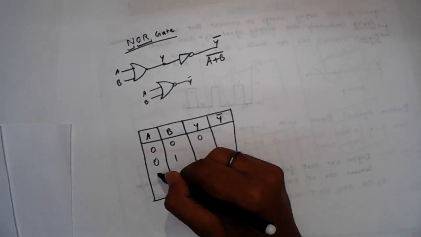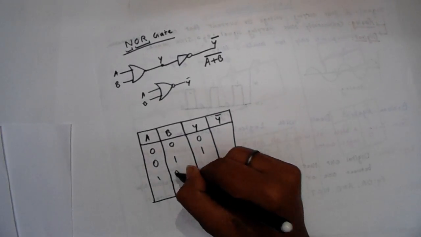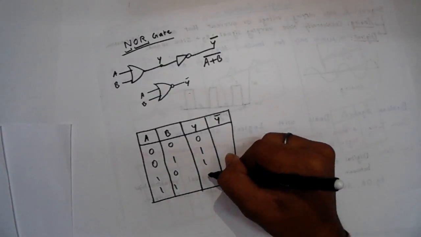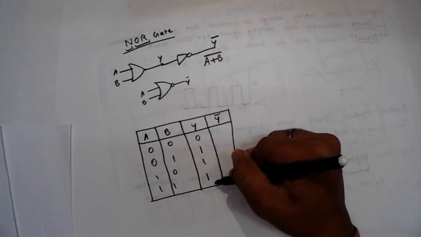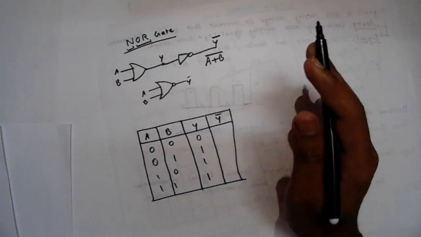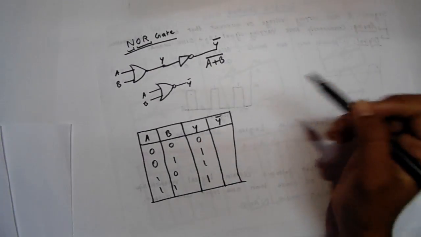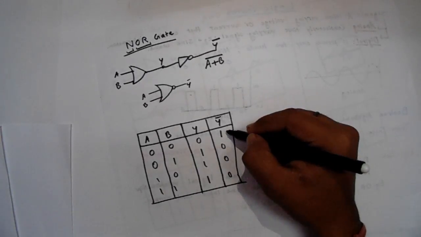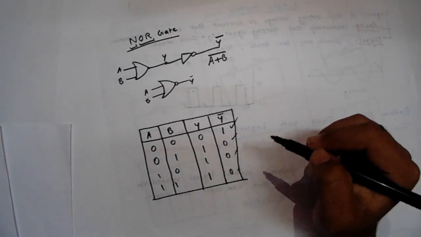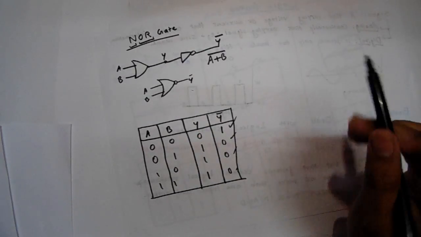For 0, 1, we would get 1, for 1, 0, we get 1, for 1, 1, we would get 1 again. So if we use an inverter on all the outputs from the OR gate, right here, we would get 1, 0, 0, 0. This is the output of a NOR gate.